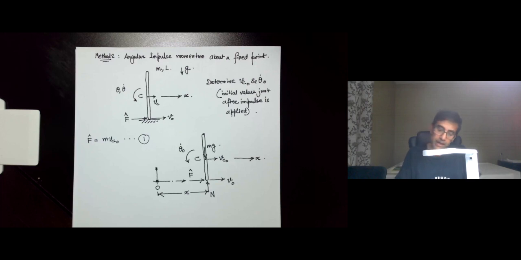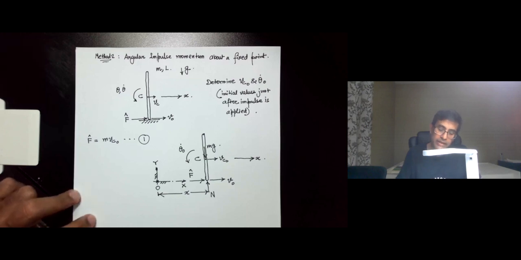So this is a fixed point. This is a fixed x-axis and this is a fixed y-axis. So the point O is a fixed point.